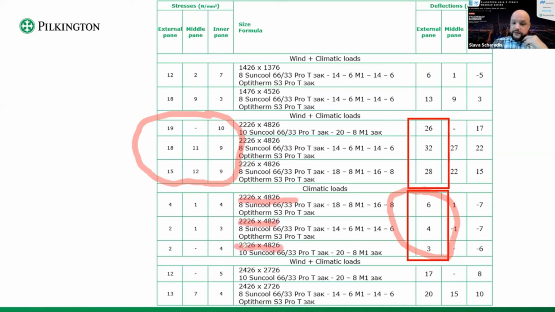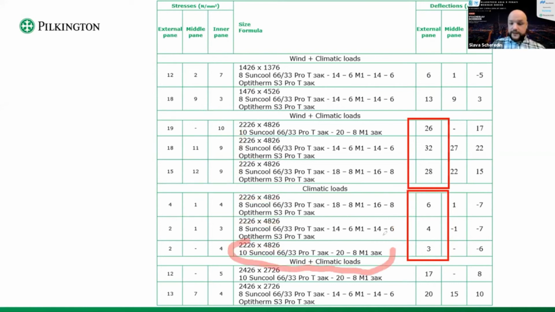And here we see that if we install thicker glass as an outer pane, then the bending will be much lower, and your facade will be much more straight, uniform, and good looking, basically, because that is the goal of this visual estimation.